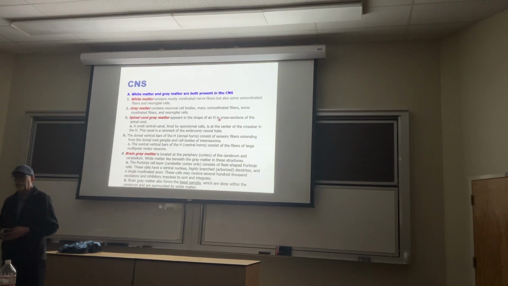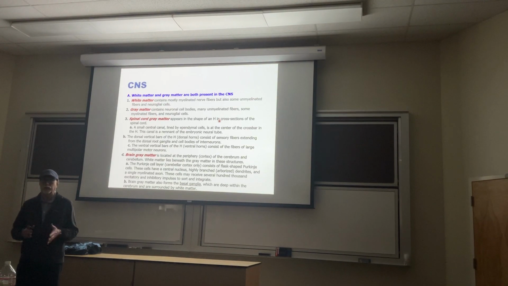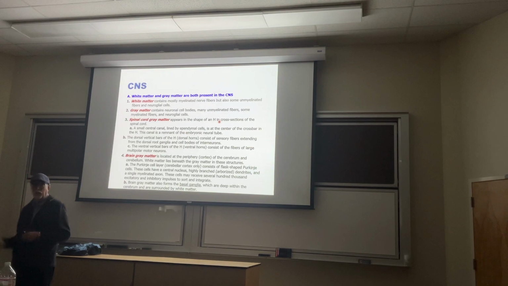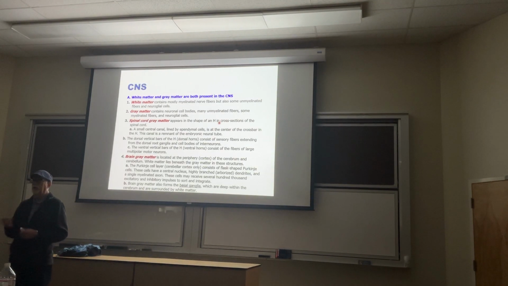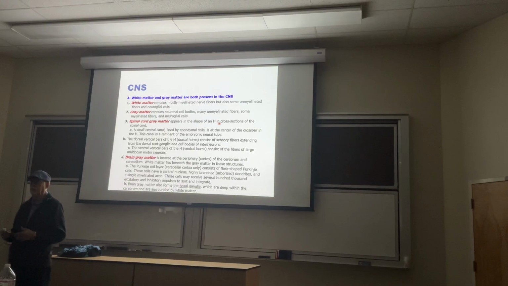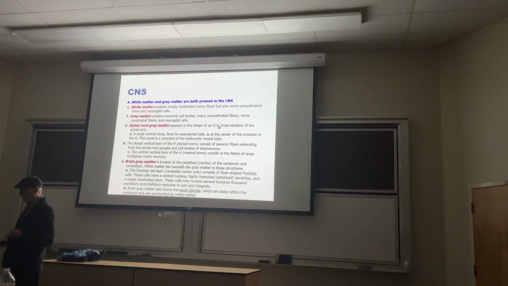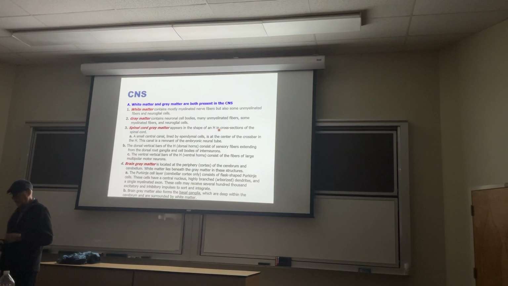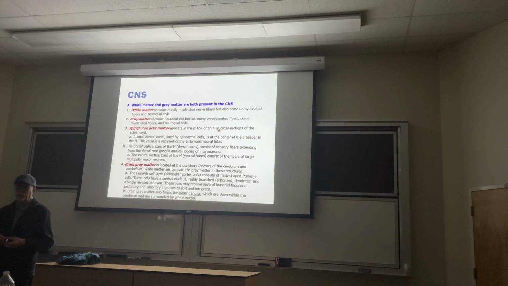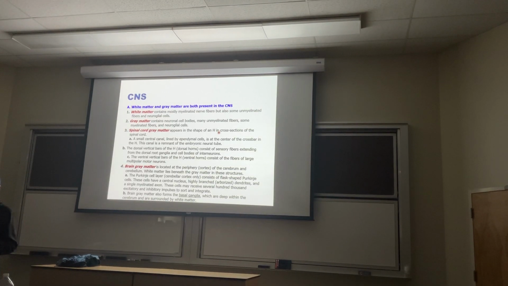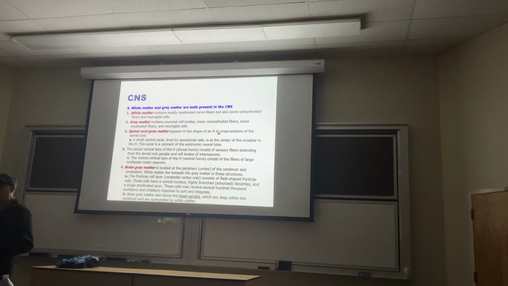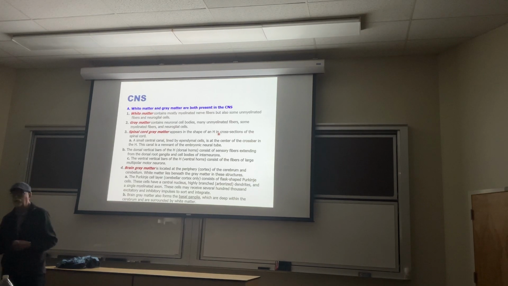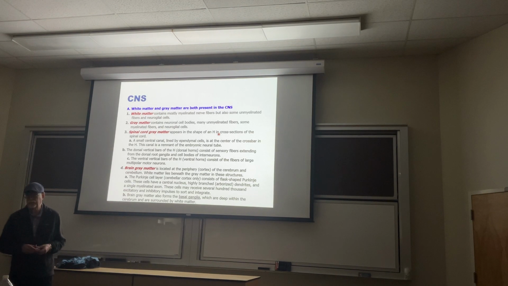The gray matter is more of your integration region. That's composed of your cell bodies and your dendrites, maybe a little bit of unmyelinated axons. The gray matter has another term that we'll use more than once today, and it's called neuropil. The neuropil is equivalent to the gray matter.